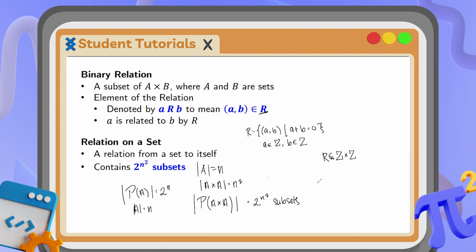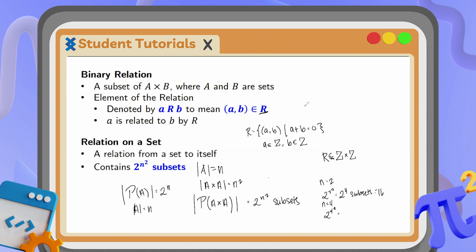So if you have 2 elements in the set, that means you would have 2 raised to 4 subsets, which is 16. And that is only for 2 elements. What more if n equals 4? Then that means you'd have 4 squared, which is equal to 2 raised to 8 subsets.